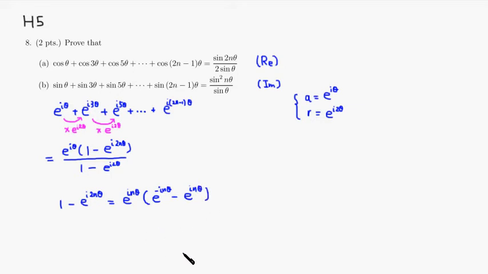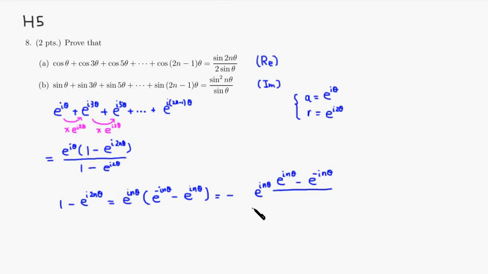Then I'm going to factor out the negative sign and put it in front. So since we factored out the negative sign, this becomes negative e to the i n theta times (e to the i n theta minus e to the negative i n theta).